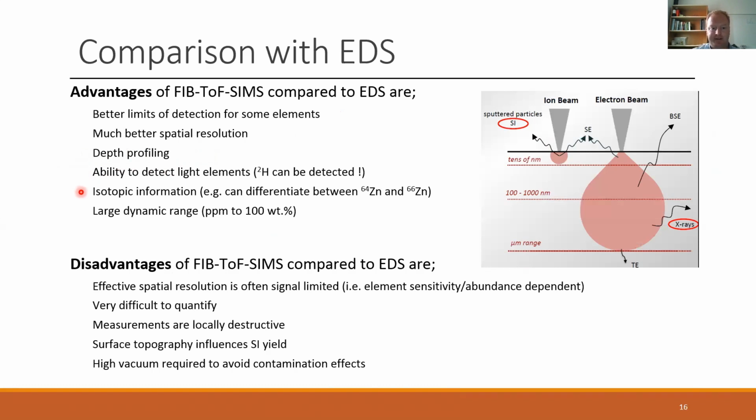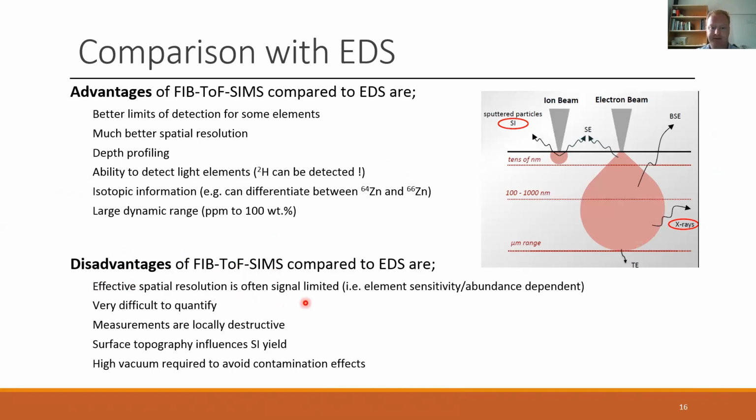Isotopic information: the technique doesn't have the sensitivity for very fine isotopic anomalies, but we can detect materials that have been engineered with much larger isotopic variations compared to natural abundance, and I'll show you an example of that a little bit later on. Large dynamic range, again, is really good.